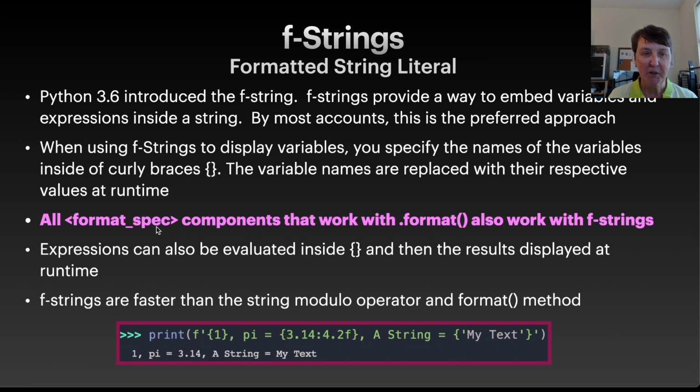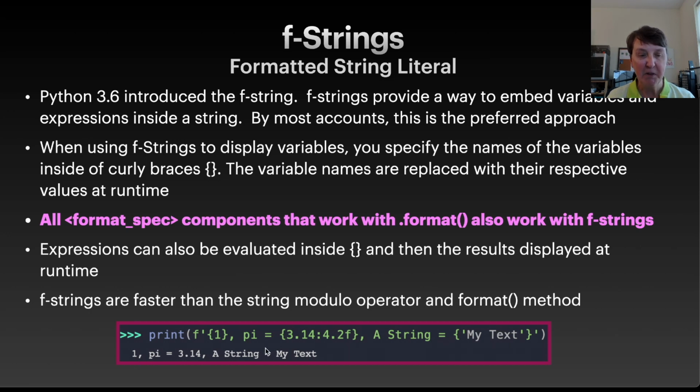All the things that we learned from the format spec components that we just spent a lot of time talking about in the format method also work with f-strings. And we can evaluate expressions inside our curly brackets, and they'll be displayed at runtime. And f-strings are faster than the modulo operator or the format method.